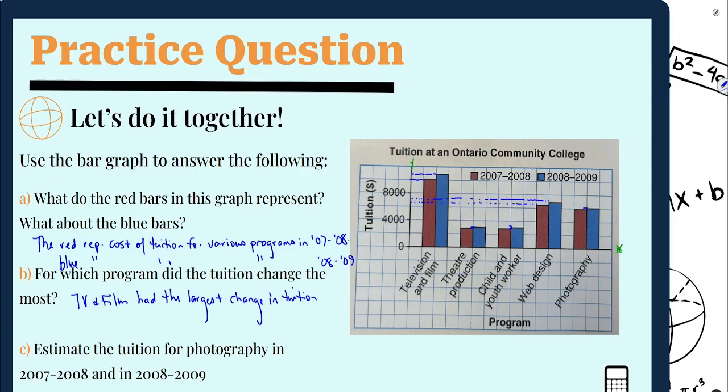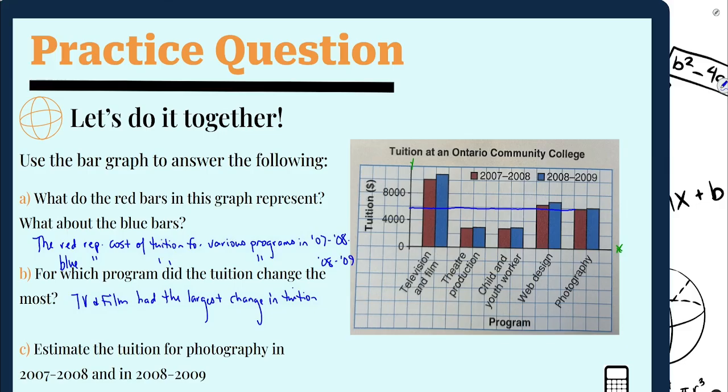Then the last part of this question says estimate the tuition for photography in 2007-2008, so that's the red bar graph, and in 2008-2009, so that is the blue bar graph. So same thing, you're going to take your line and bring it across to your y-axis so you can see where it falls on that scale.